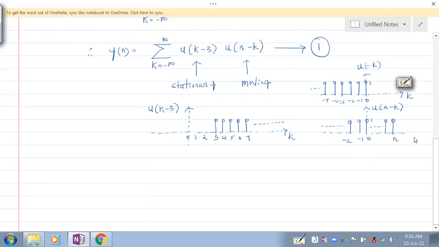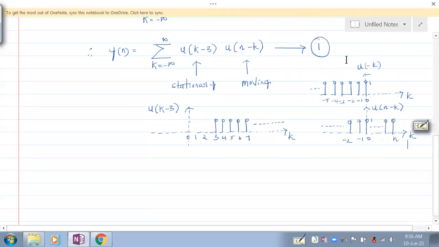I don't know what n is, so let's write that as n units. If you shift it by n units, it will go and stand at n. N could be any number. Is it okay with you, everybody? Very important stuff. If you have any doubts, you can ask me now regarding this. You've understood this, everybody? So this is u of minus k being shifted to the right by n units.